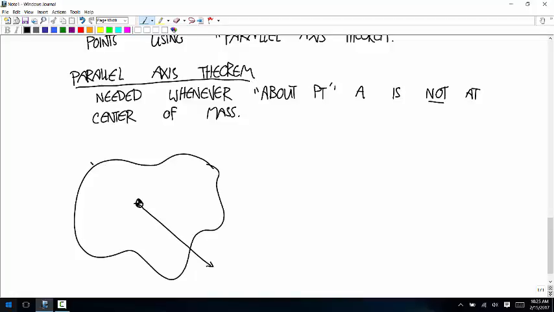And let's say this axis is C. And then this axis is A. And this axis is parallel to the first one, but just separated from the axis C by a distance D. They're a distance D apart.